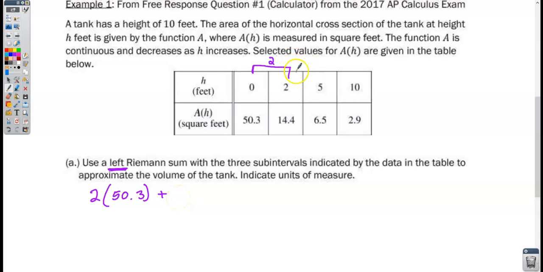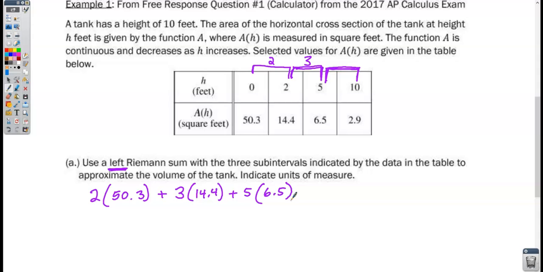Next subinterval, from 2 to 5. The width of that subinterval is 3, and for the height we're going to use the value of the function at the left endpoint of that interval, which is at 2. That value is 14.4. And then for the last subinterval, the width is 5, and for the height we're going to use the left endpoint, that's 6.5.